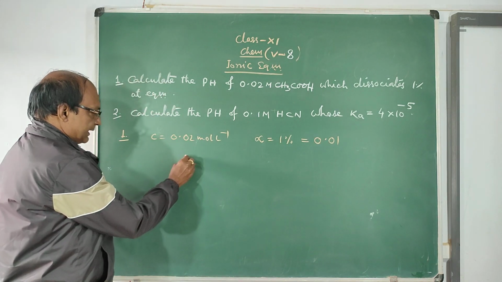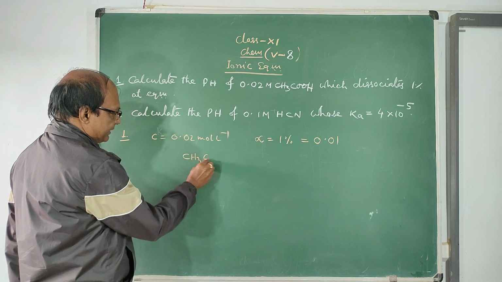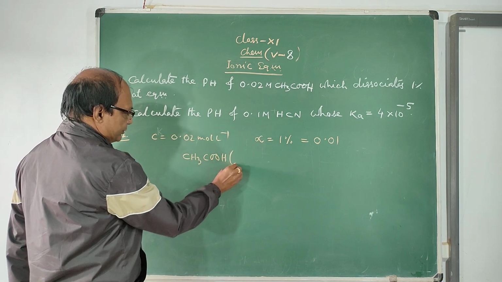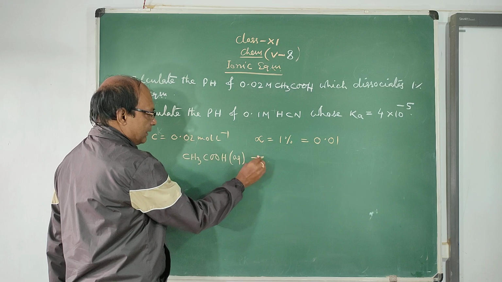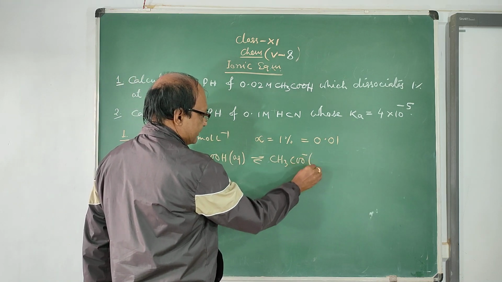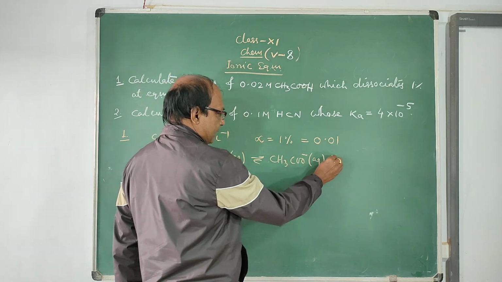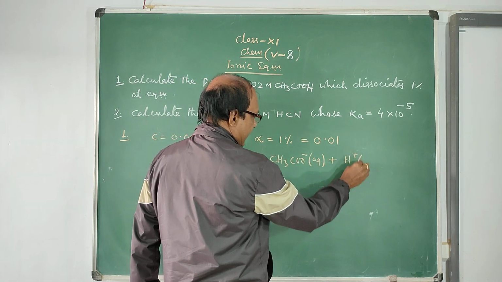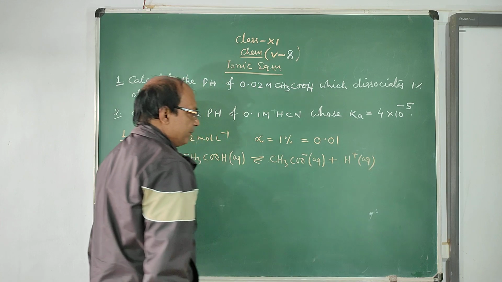We know that acetic acid CH3COOH dissociates to form acetate ion CH3COO minus and hydrogen ion H plus at equilibrium.